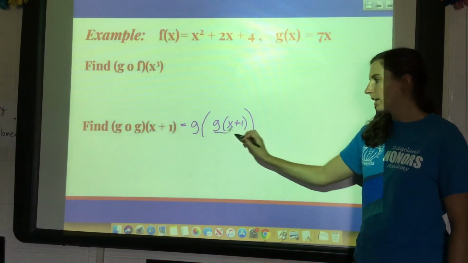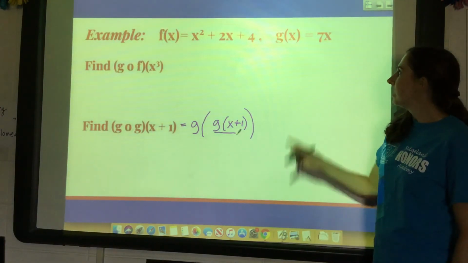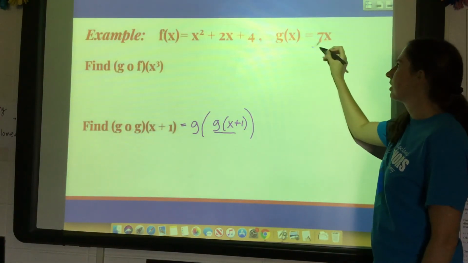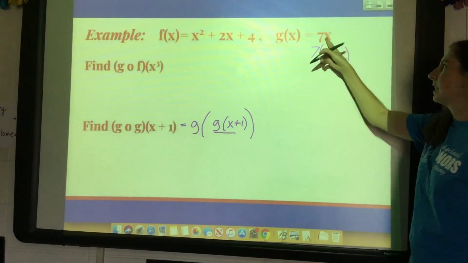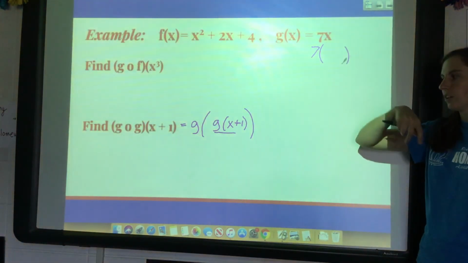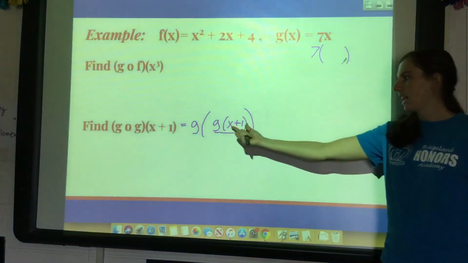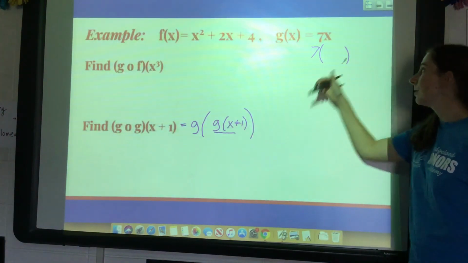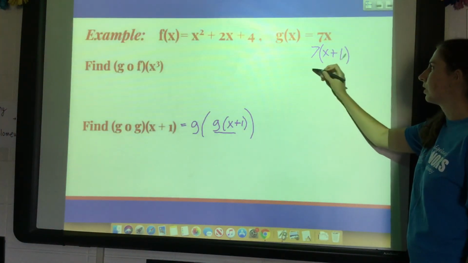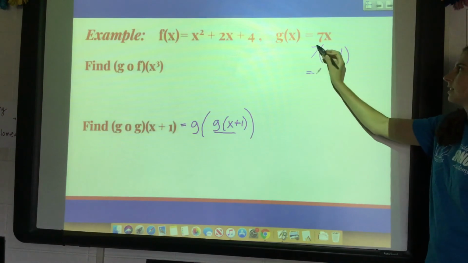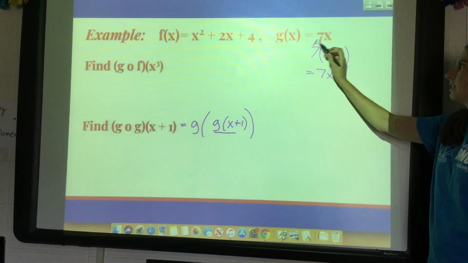So start on the inside. The g function is just 7 times the input, but I'm going to take out the placeholder x and put in x plus 1 instead. So that is 7x plus 7.